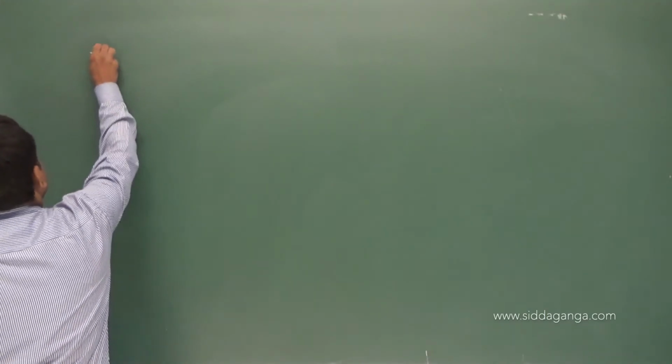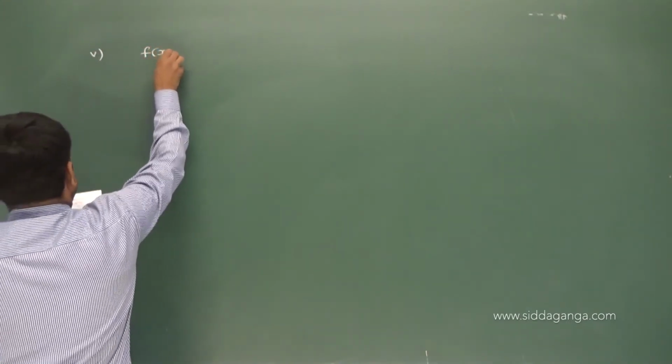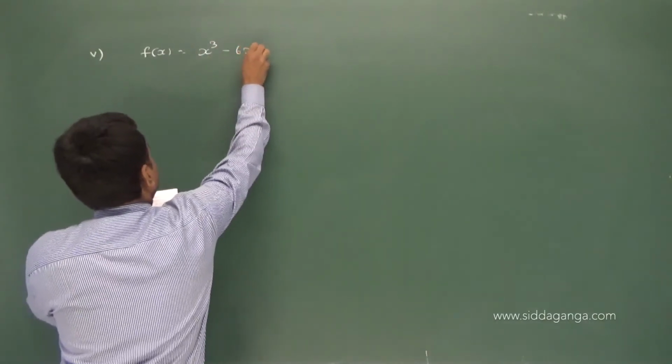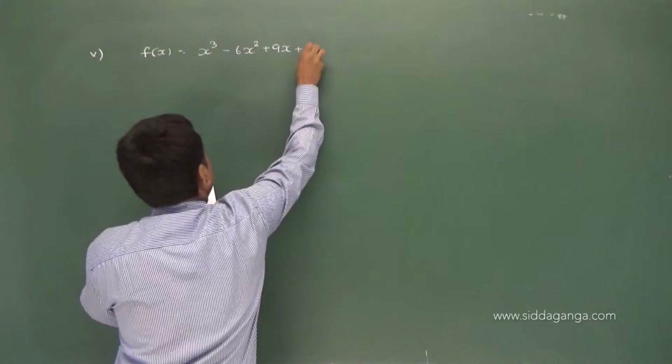Fifth problem. f of x is equal to x cube minus 6x square plus 9x plus 15.